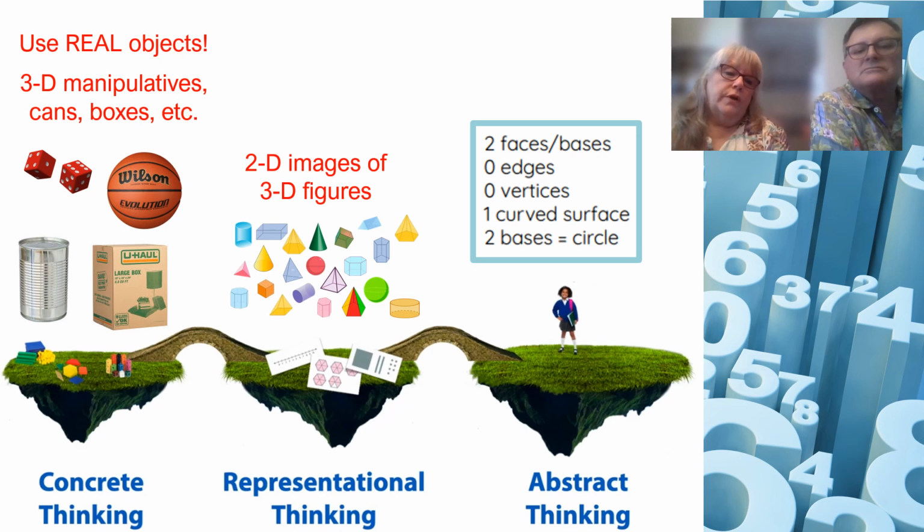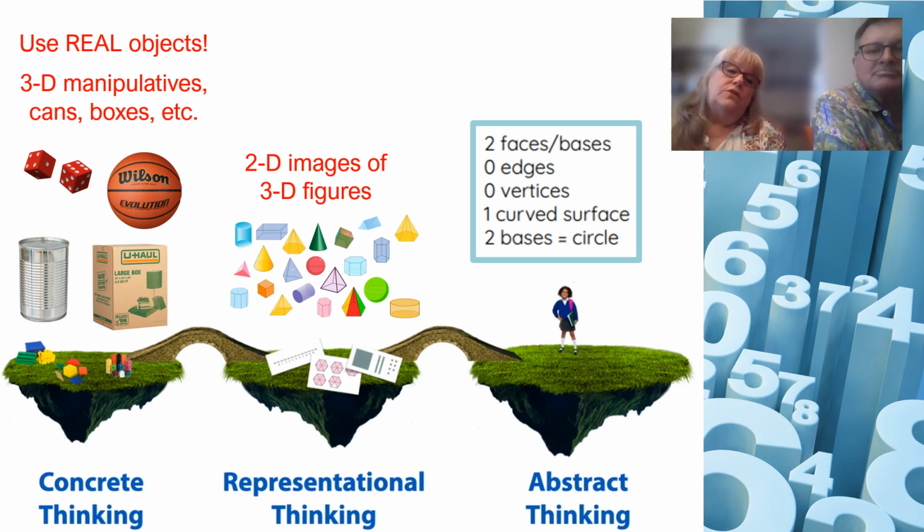With our concrete representational abstract thinking, we want to keep in mind that students need to touch and feel these 3-dimensional objects. Yeah. Starting with the real world objects, you see dice, a basketball, a can, a box, and then transition to those pictorial representations, which are basically 2D images of a 3D figure.